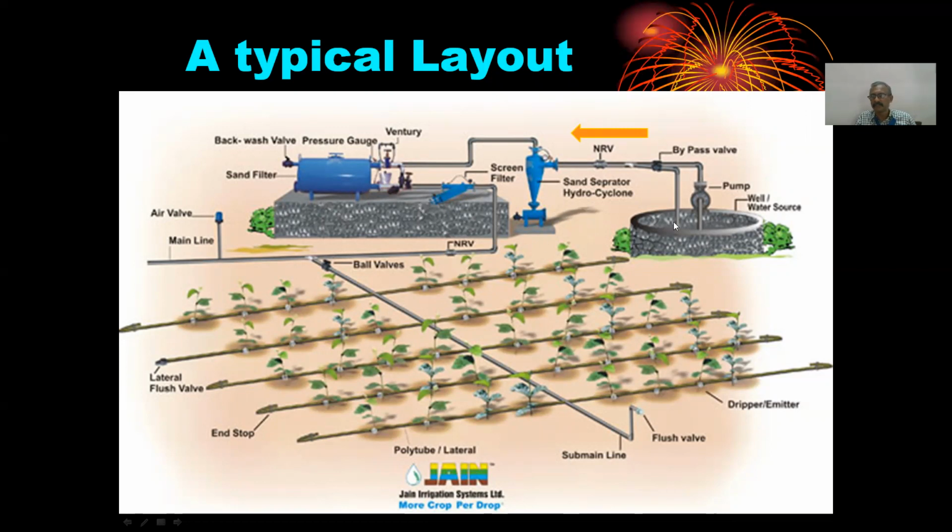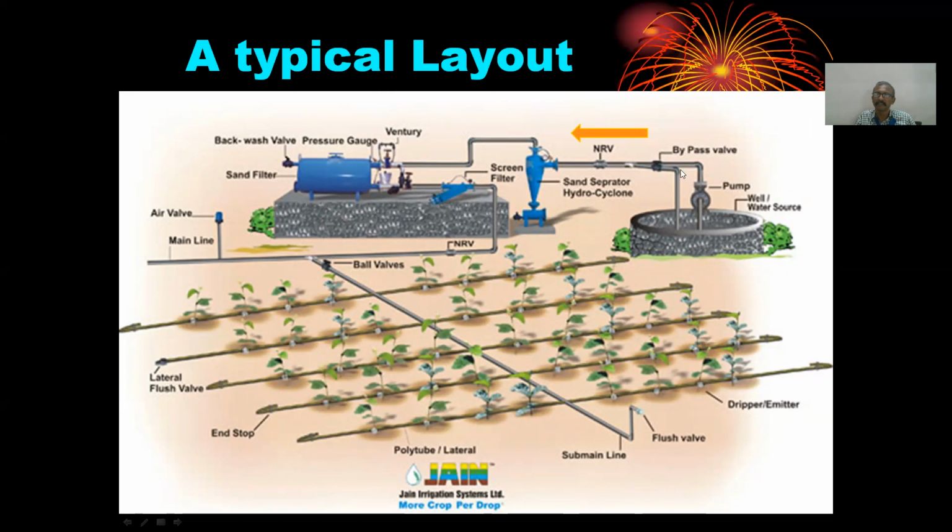So in such situations, if the pump develops pressure beyond the design pressure, how that situation is managed is some amount of water is diverted back to the well, and because of that pressure would get reduced and the system is made safe.